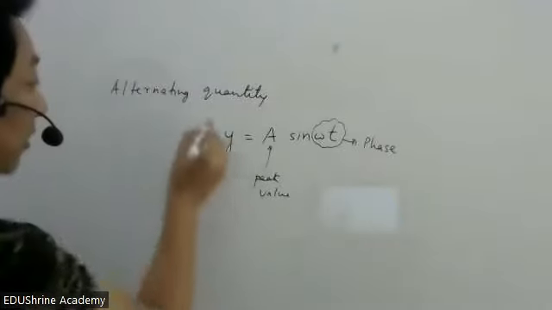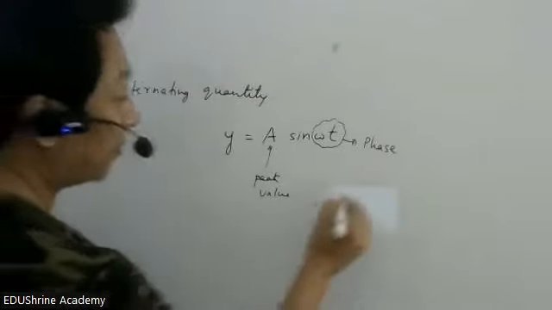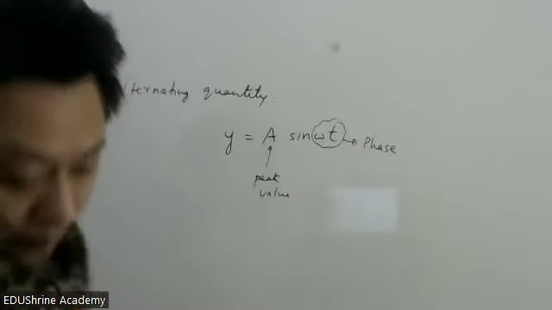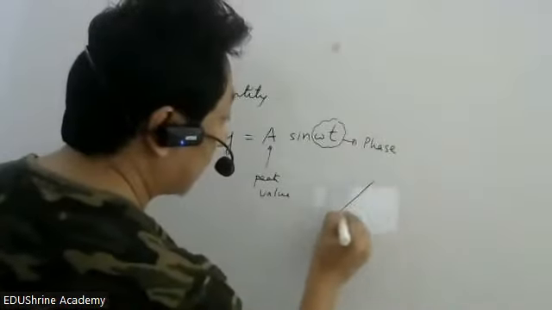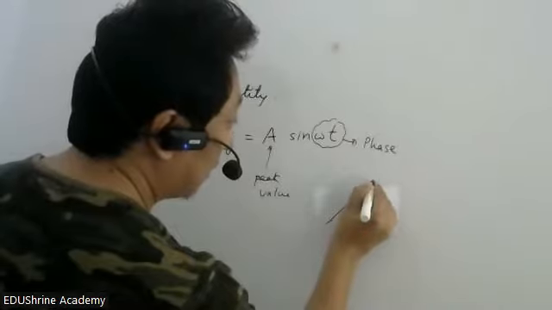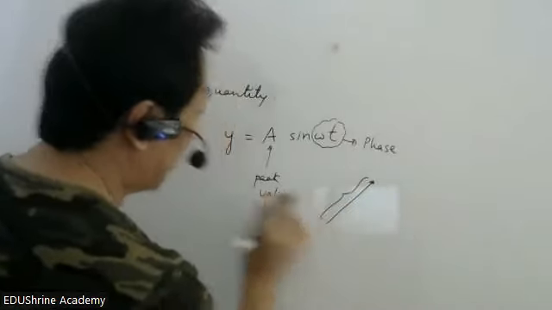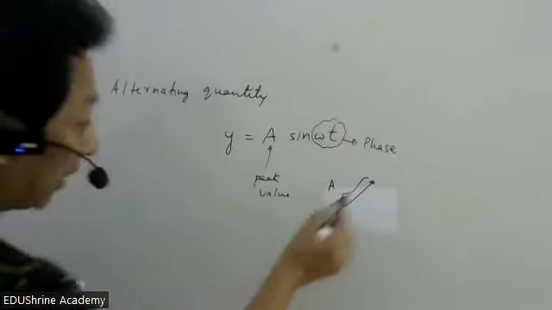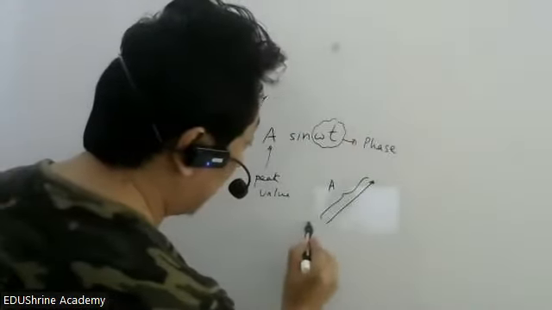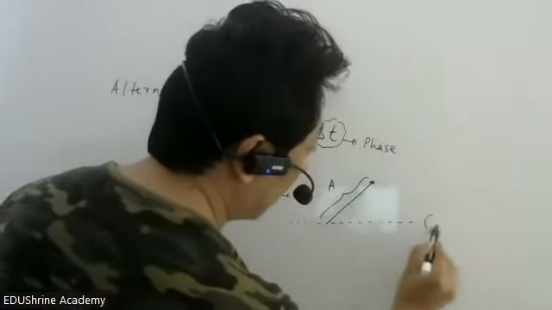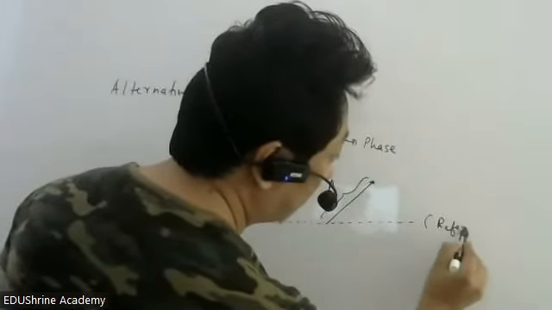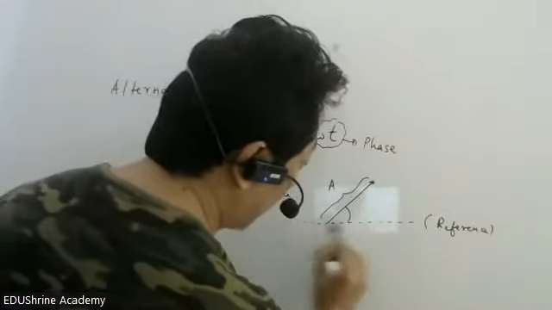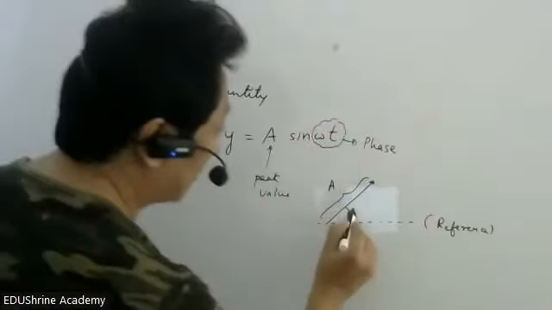So such alternating quantities can be represented by an arrow such that the length of the arrow gives you the amplitude, and the angle made by the arrow with any line, which you can choose yourself, gives you the phase.